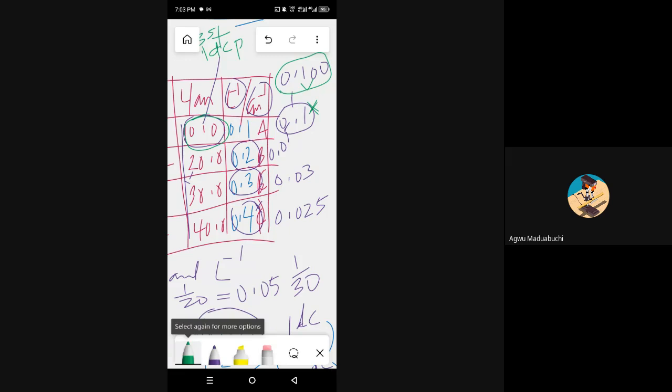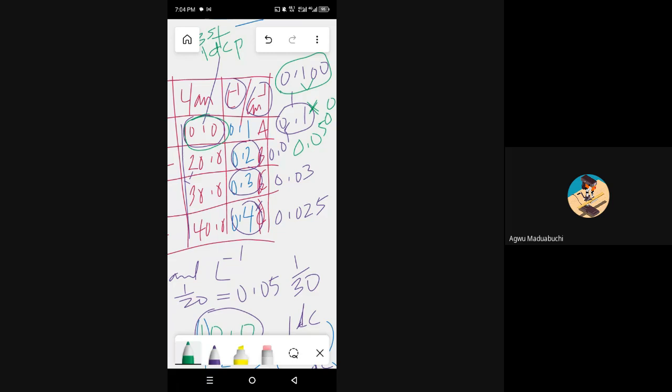For 20.0, how will you record your L inverse? 0.050. So it's going to be 0.0500. Sir, is it not 4 decimal points now?